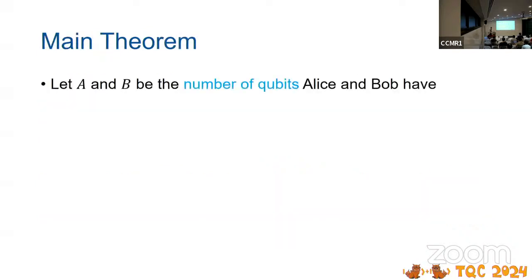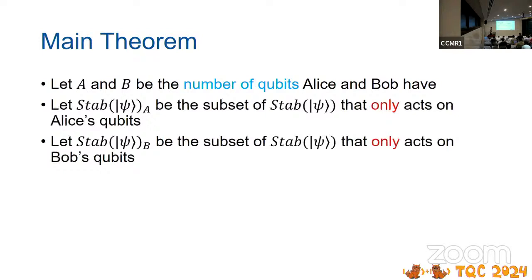So what is the main theorem? Let A and B be the number of qubits that Alice and Bob have. Let stab sub A be the subset of stab psi, the set of stabilizers of your state, that only act on Alice's qubits.